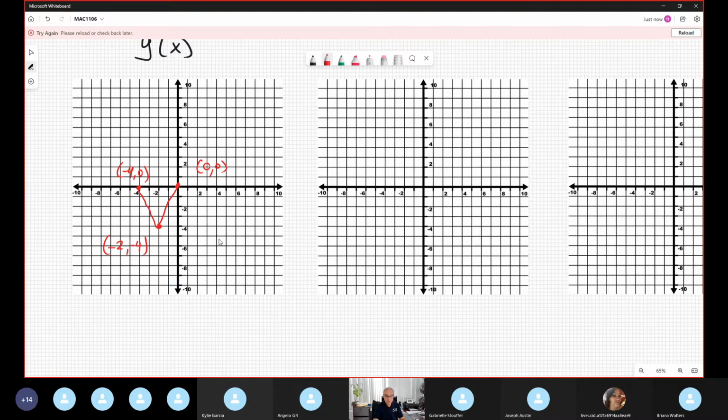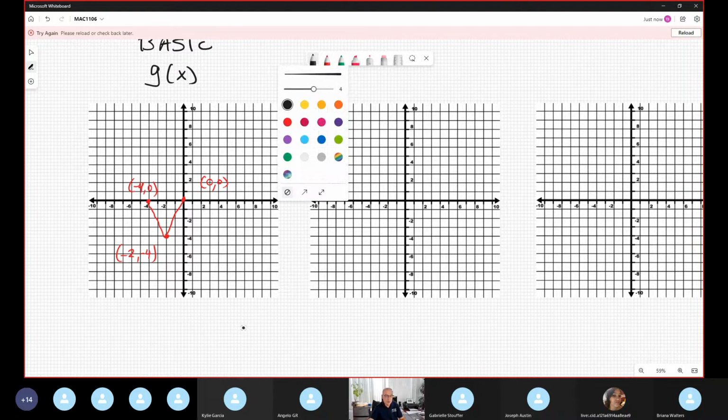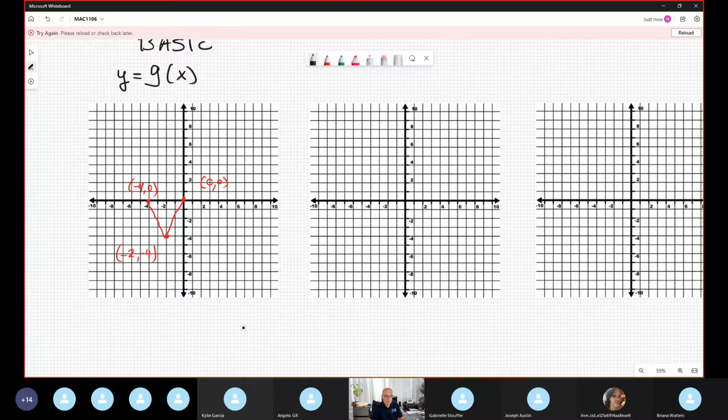Because today you are doing this transformation. Suppose that we are doing, so this is the basic, but I need y = g(-x) - 1. Wow, what the hell is that? Well, transformation.